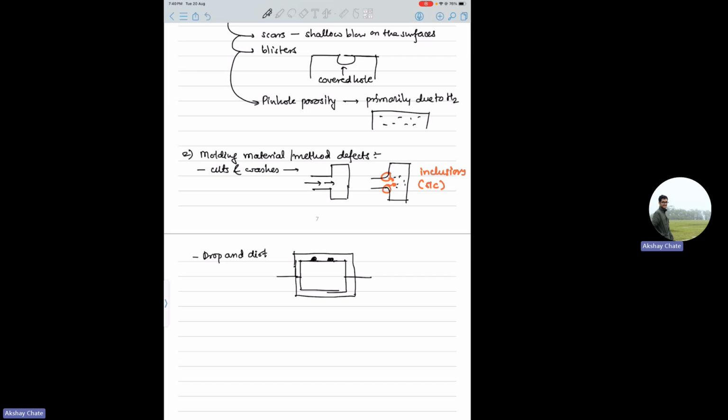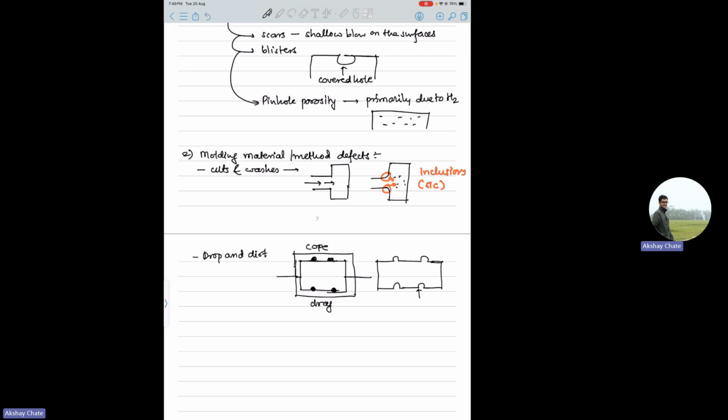Dirt from here or dirt from these parts. This is your cope and drag. So the final cavity that you'll get will not look like what it needs to look like. It will look something like this.